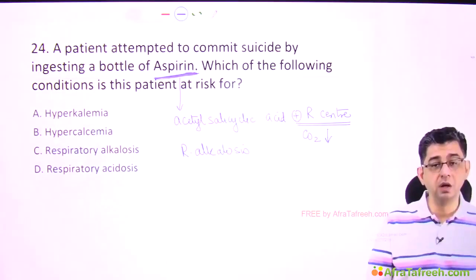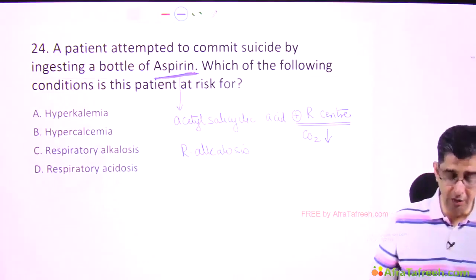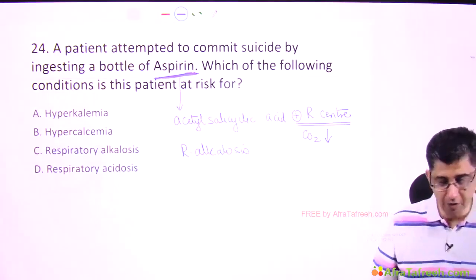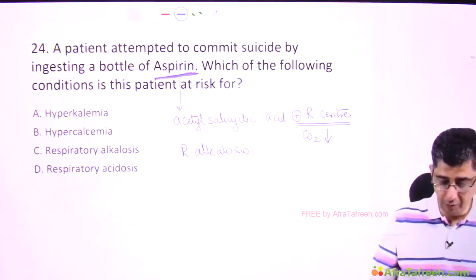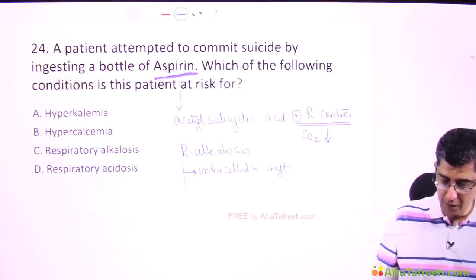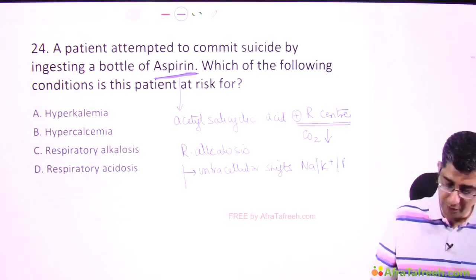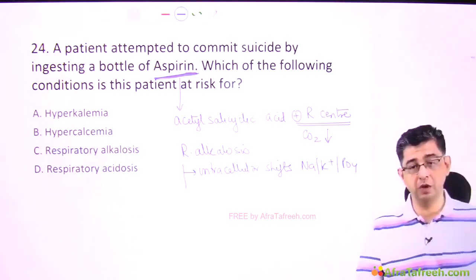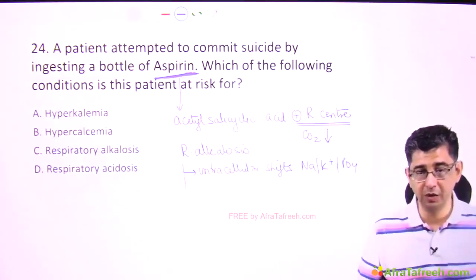The question, however, says what condition is he at risk for? Then I want you to remember the fact that respiratory alkalosis and carbon dioxide depletion in the body cause intracellular shift of ions. The ions that tend to move in are sodium, potassium and phosphate. So these will become lesser in the body of this patient.